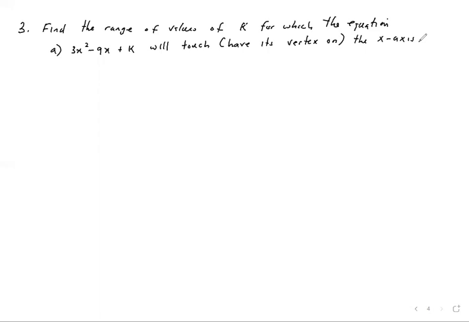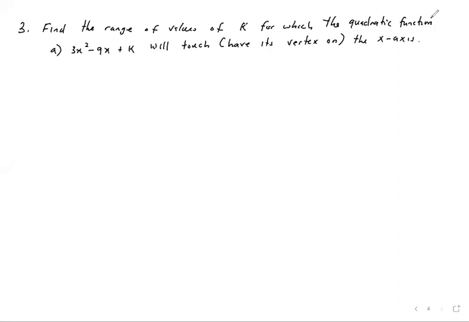So find the range of values of k for which the quadratic function, so these are not equations, let's not force it to be an equation, for which the quadratic function 3x squared minus 9x plus k will have its vertex on the x-axis.